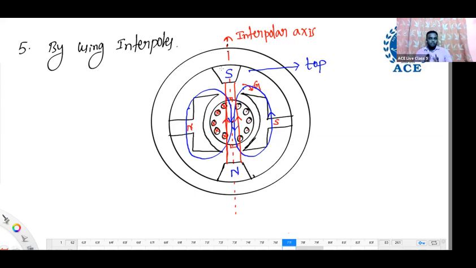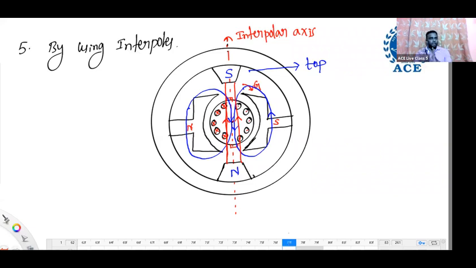Now these interpoles, are they permanent magnets or electromagnets? Which is best? Not permanent magnet. It must be electromagnet. Yes, electromagnet is correct. Why is it electromagnet?